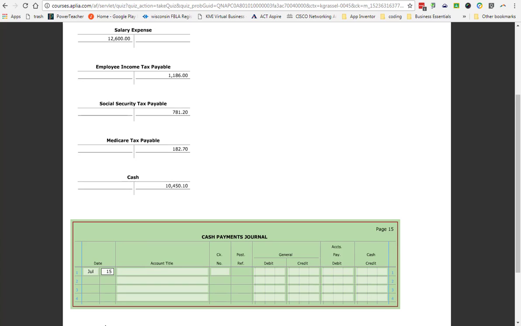So the very first account that you're going to run across is going to be salary expense. Our check number is going to be 455, and you're going to have salary expense of $12,600. Now, I need to put my cash amount on the same line, so I'm going to put $10,450.10, except I still did a typo.